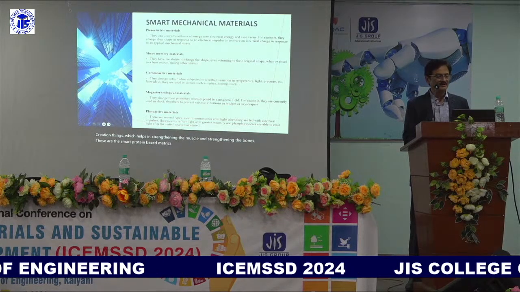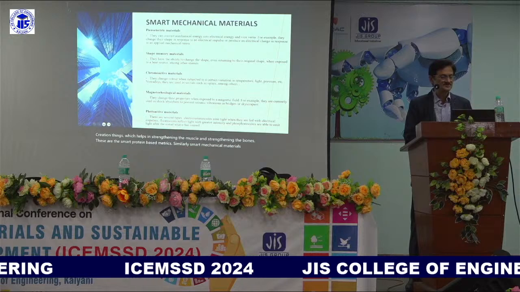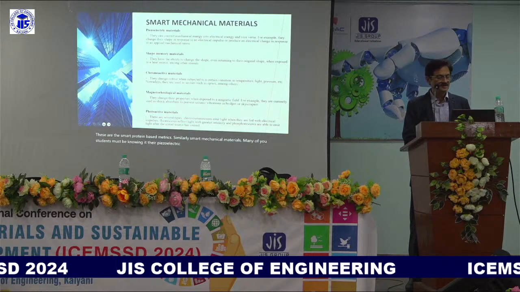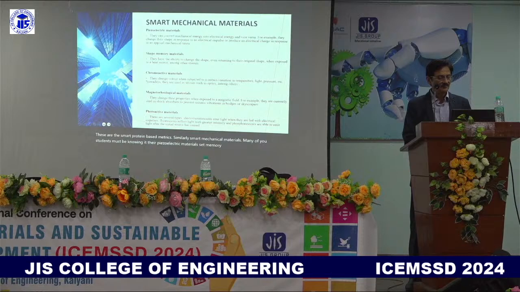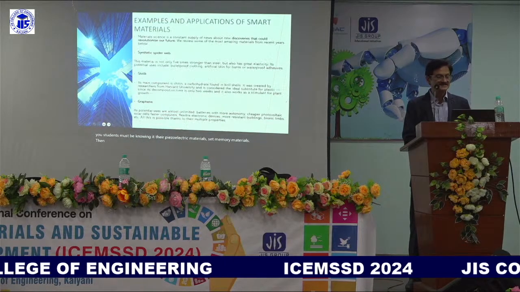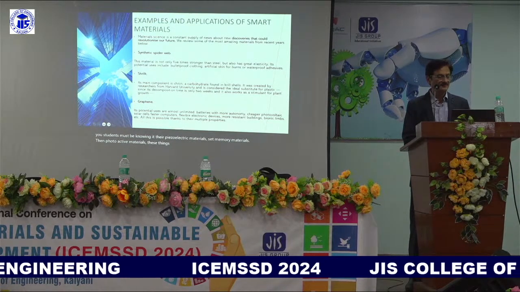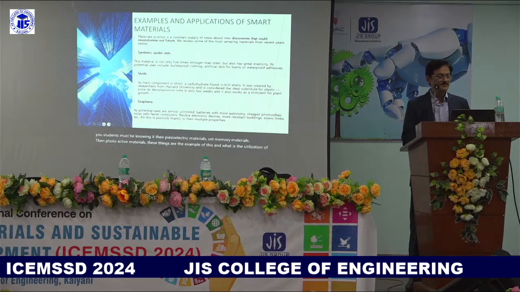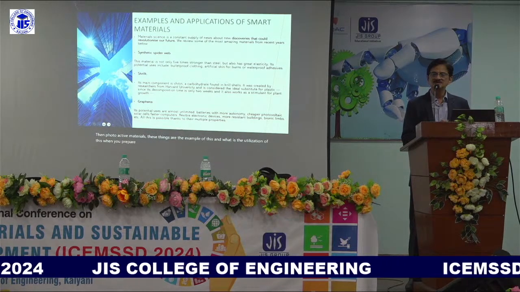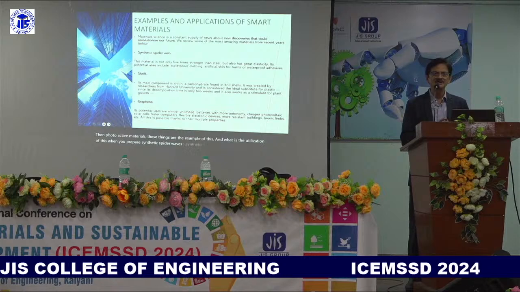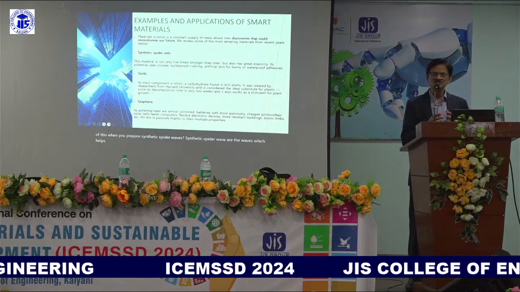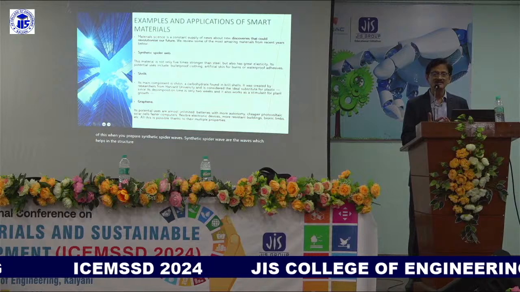Similarly, smart mechanical materials, many of you students must be knowing it. The piezoelectric materials, shape memory materials, then photoactive materials. These things are examples of this. And what is the utilization of this? When you prepare synthetic spider webs, they help in a structure which is stronger than steel.